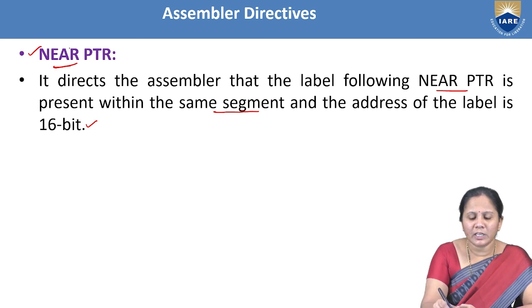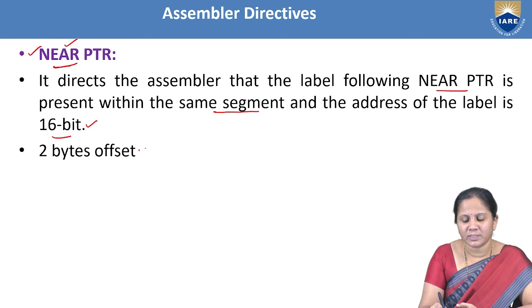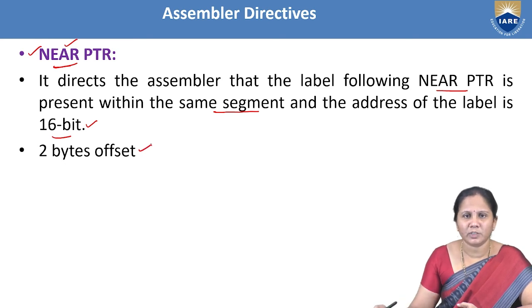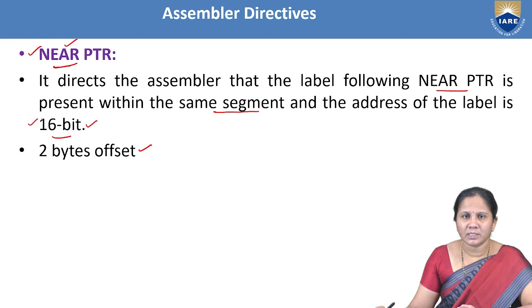If it is present within the segment, no segment address is required specially. Only offset address is required. So by using this 16-bit, it is required only to find the offset address. No need of segment address because it is present within the segment. So that is why only 16-bit address is enough.